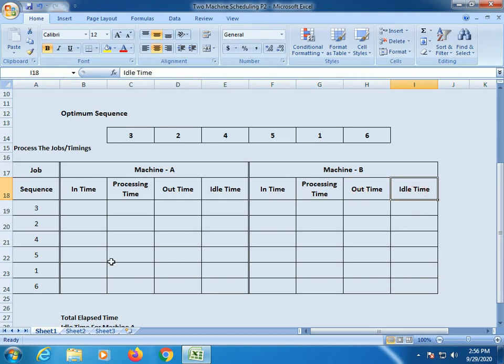So according to this optimum sequence, we have to make this table.